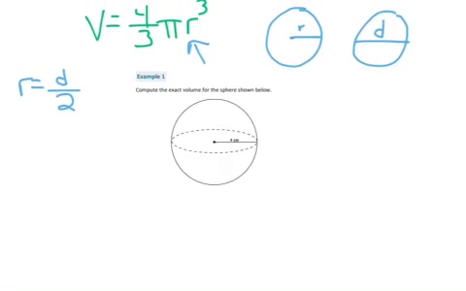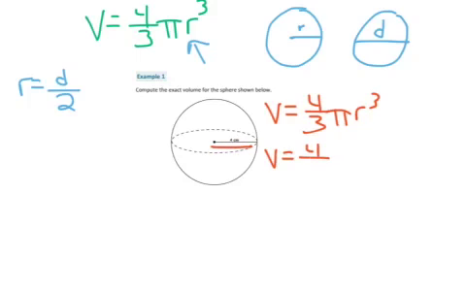So for this very first problem, we're going to write down the formula. V equals 4/3 pi r cubed. Here they give me my radius, which is 4, so I'm going to plug that in. V equals 4/3 times pi times your radius, which was 4, all to the third power.